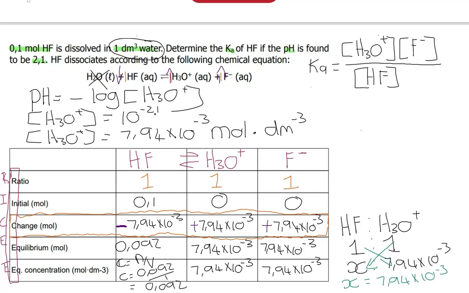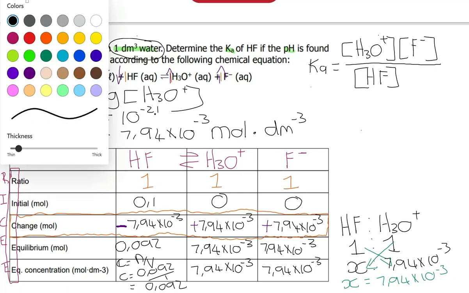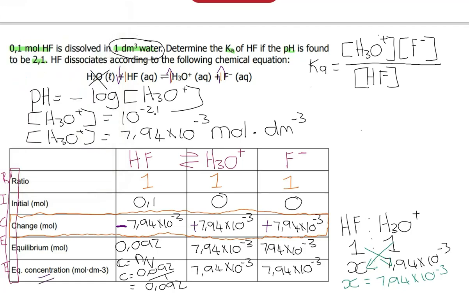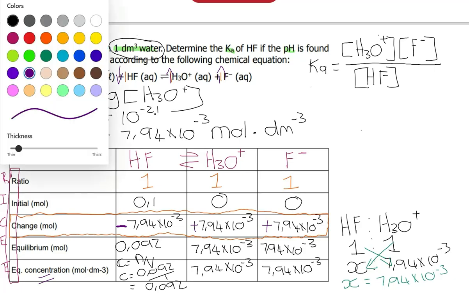Now, this is wonderful, guys, because this is actually what we have been attempting to solve in this very elaborate problem. And this is the whole goal of the table, to figure out the equilibrium concentrations so that we can pop it into the Ka table. So then progressing to do so, we're going to go ahead and just substitute the column here at the bottom.